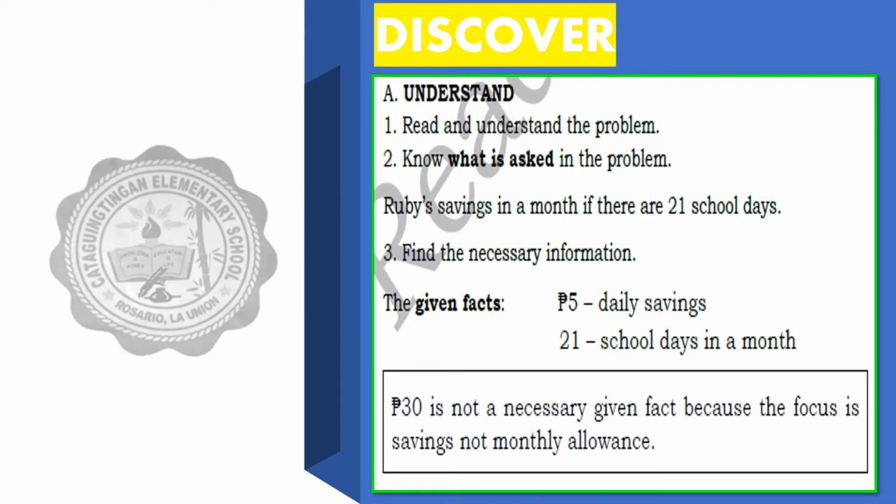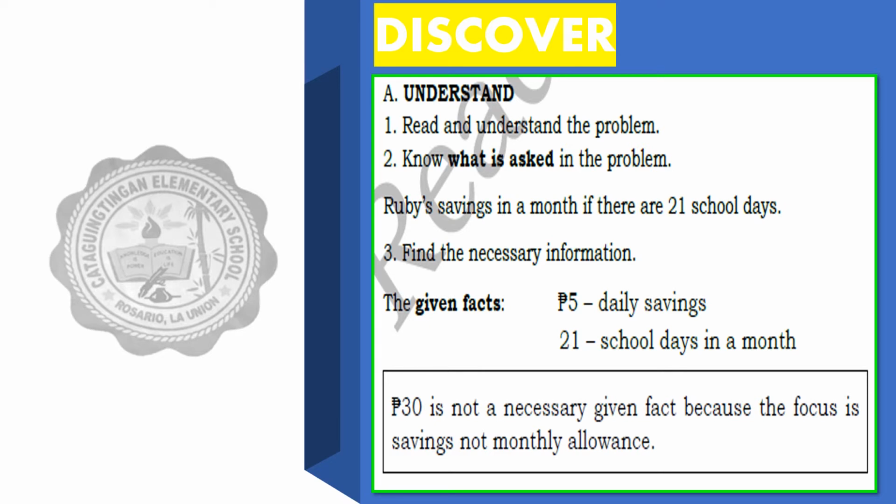Now, what are the given facts? Yung given facts. So, 5 pesos, the daily savings, and 21 school days in a month. Pansin ninyo, merong hindi kasali dyan, no?